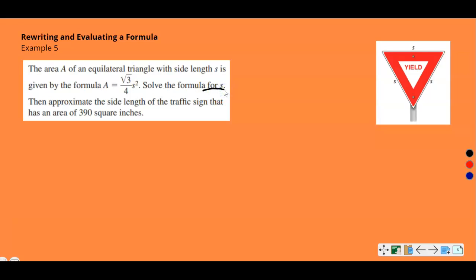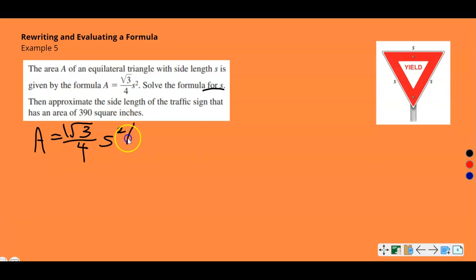Solve for S. All right, start by writing the problem down. The first thing I need to do is get rid of this right here, because we're trying to solve for S. So this is the same as 1/4 times the square root of 3.